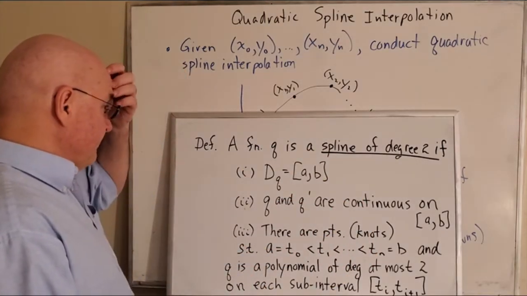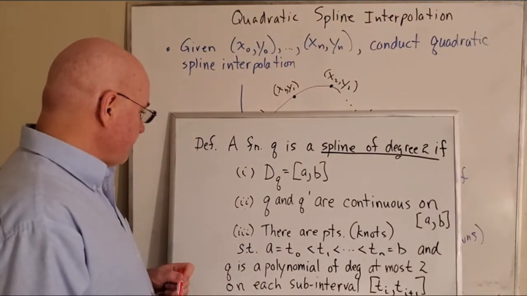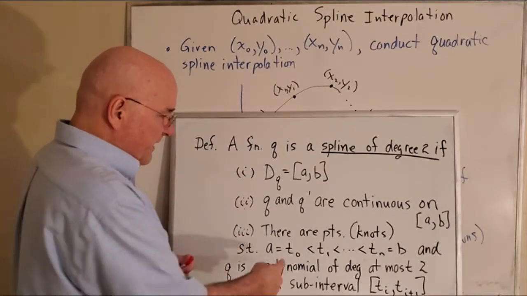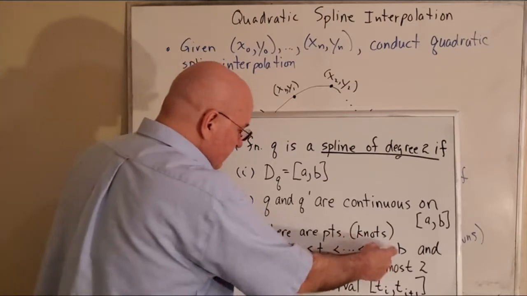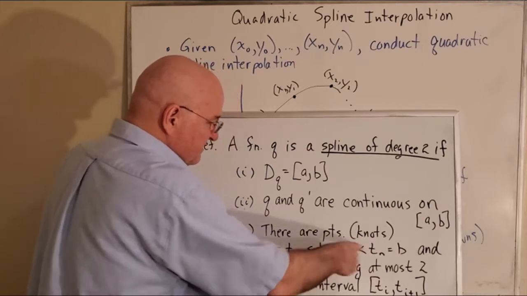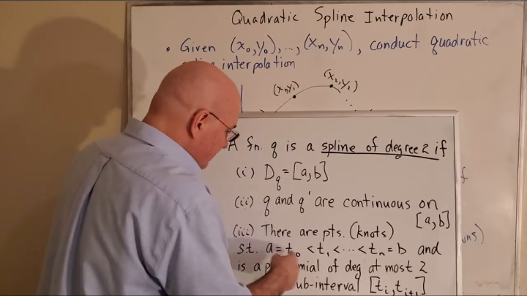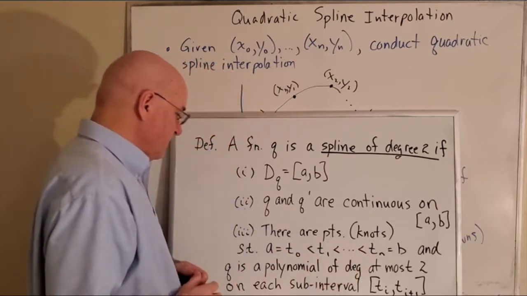And the third point, there are points, which we call knots. We talked about those earlier, such that, and we have the same partition of the points going from a to b, where t0 is a and tn is b, and we have a whole bunch of points in an increasing sequence of numbers here.